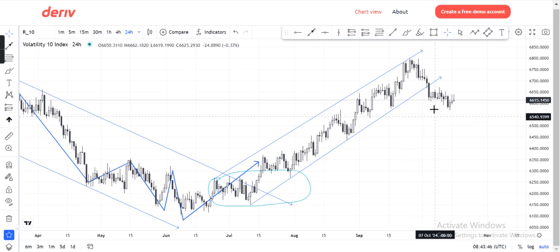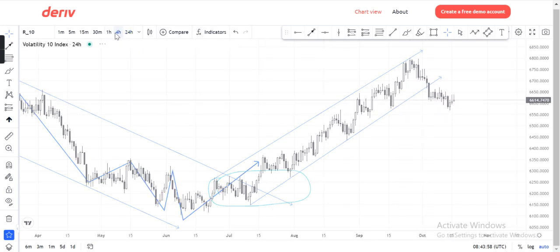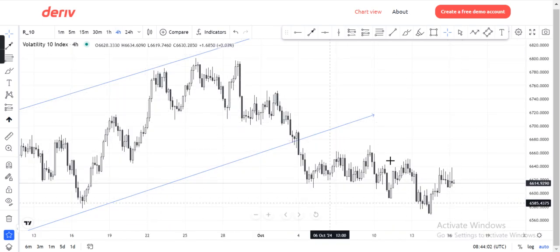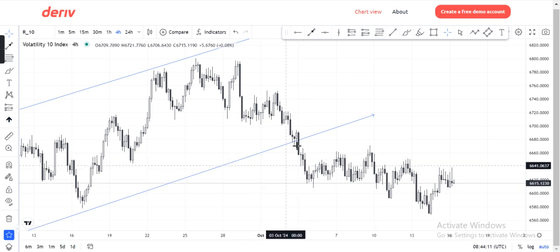Based on that, we can now go to the smaller time frame, understanding that the market has broken structure here. So since the market has broken structure at this point, what do we do? We can now go to the 4 hour time frame to understand the character of the market, to help us take better decisions in this particular market.